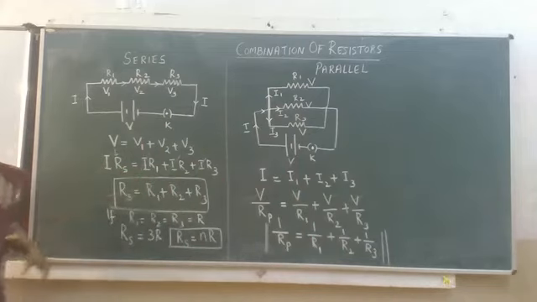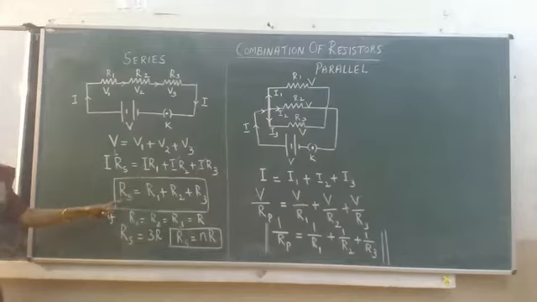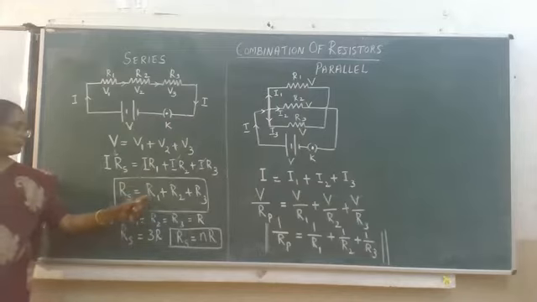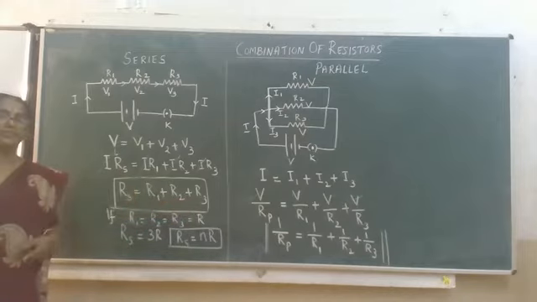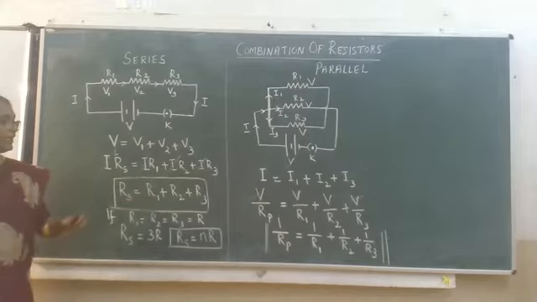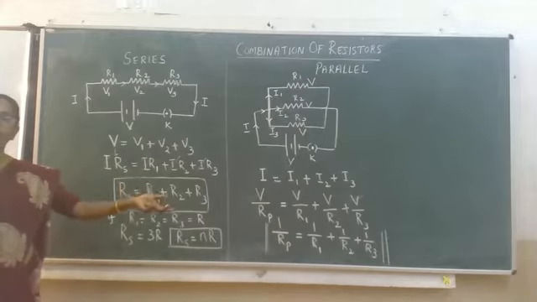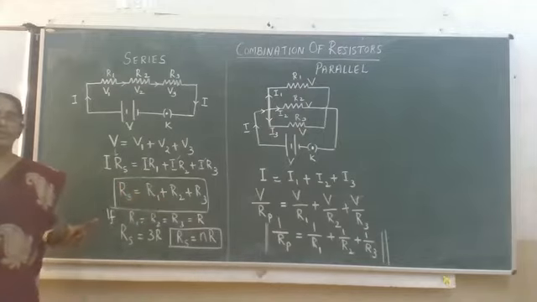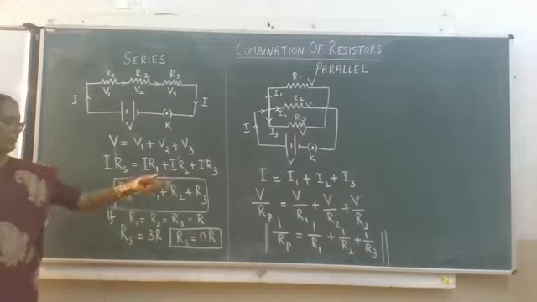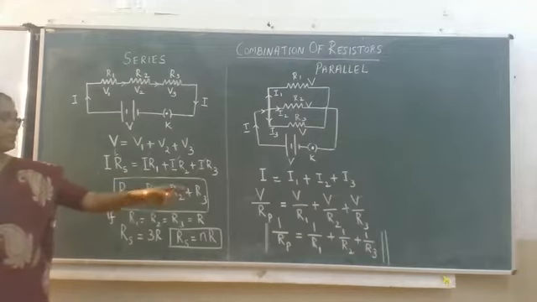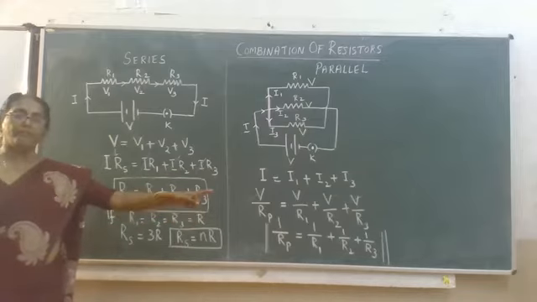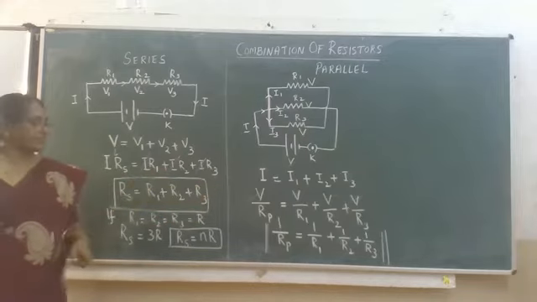You see, when 3 resistors are connected in series, the equation is Rs is equal to just the sum, R1 plus R2 plus R3. But when the same resistors are connected in parallel, the reciprocal of the effective resistance is equal to the sum of the reciprocals of the individual resistances.